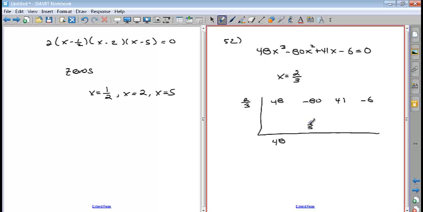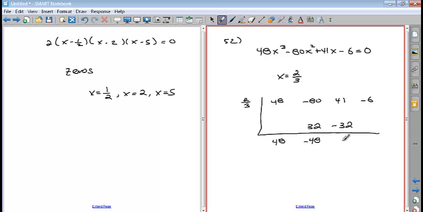So positive 32, -80 plus 32 is going to be -48. Then you take -48 times 2/3, and you get -32. Shouldn't be surprising because that's what I had before.